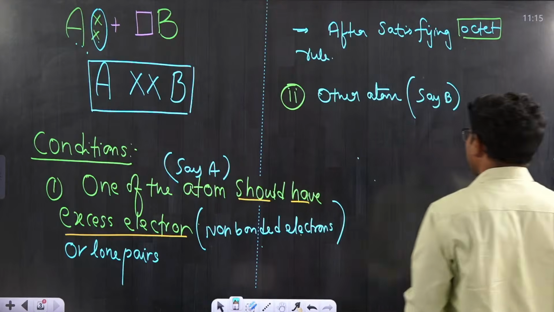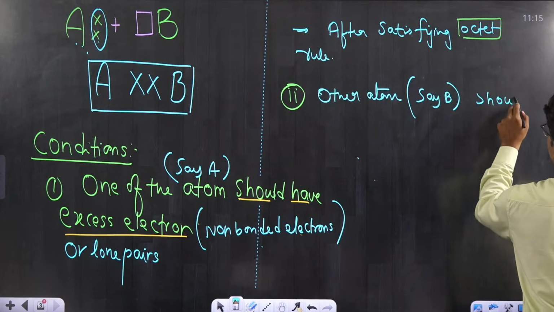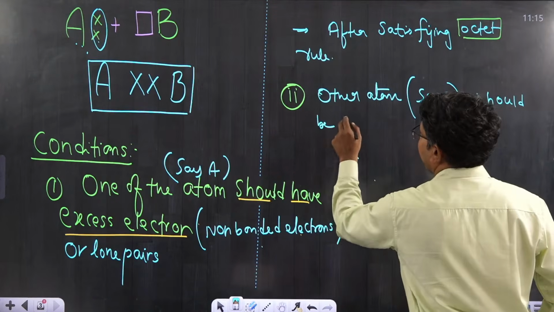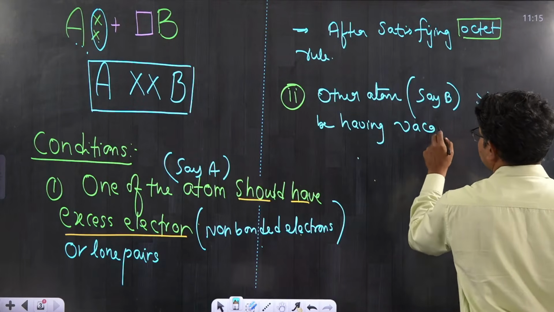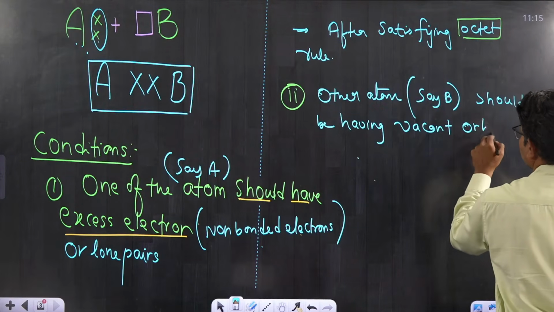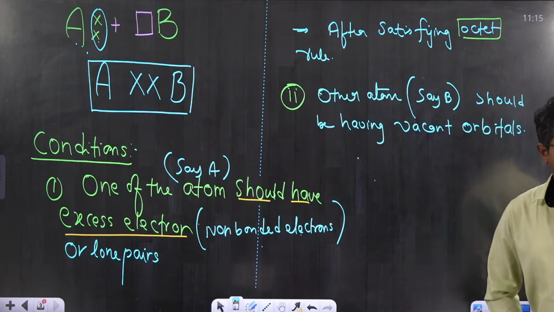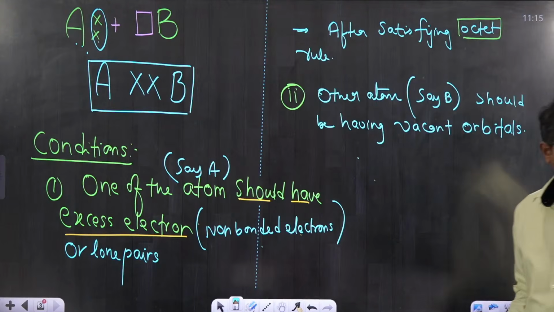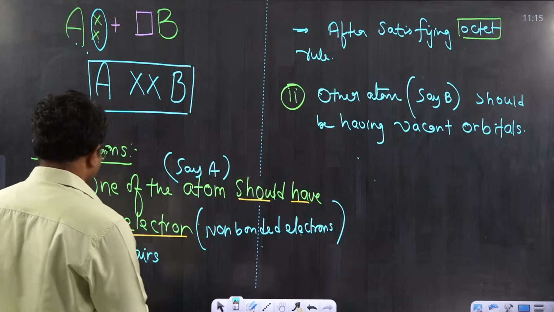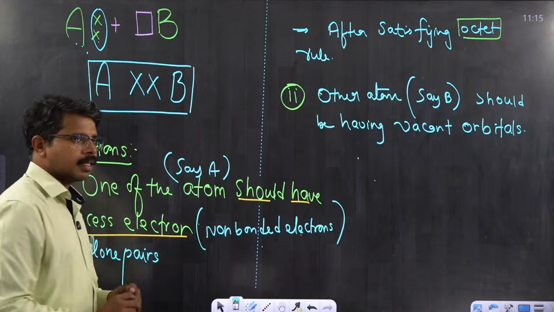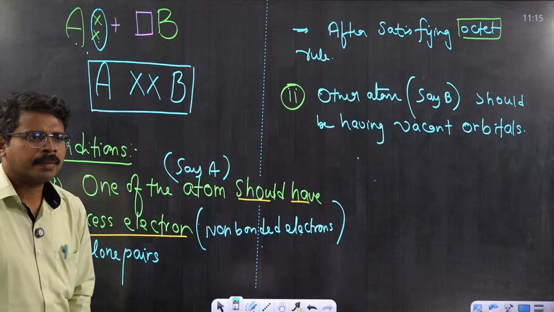For condition number 2, the other atom, say atom B, should be having vacant orbitals. I hope this point is clear. So one of the atoms is having excess electrons, the other atom should be having a vacant orbital.